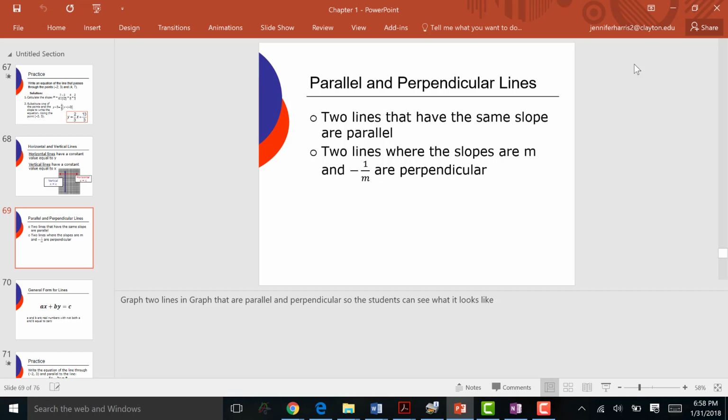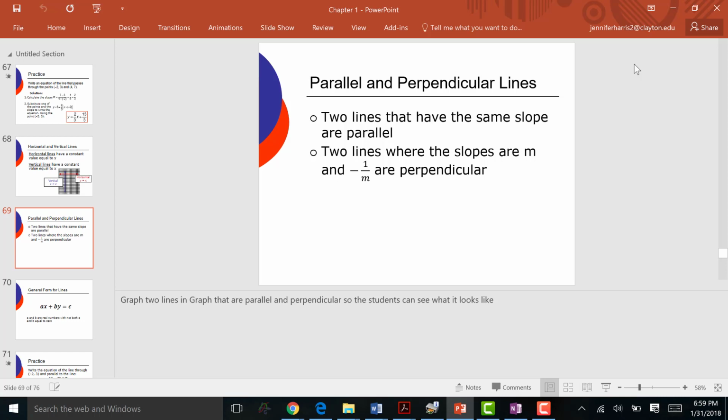If they are perpendicular lines, which cross at a 90-degree angle at a T intersection, here are perpendicular lines. This should have a little box here which says it's a 90-degree angle. Let me make one of these red and one of them black.